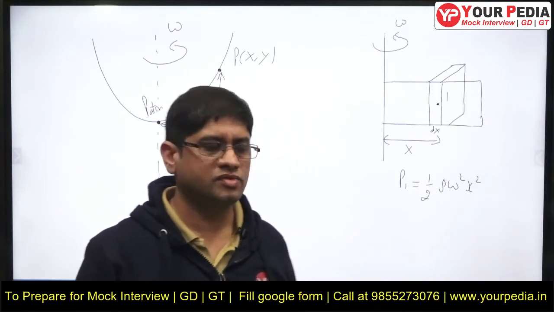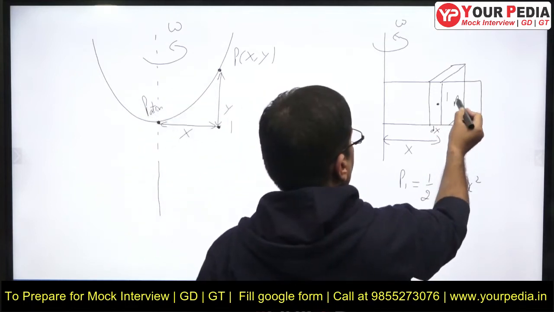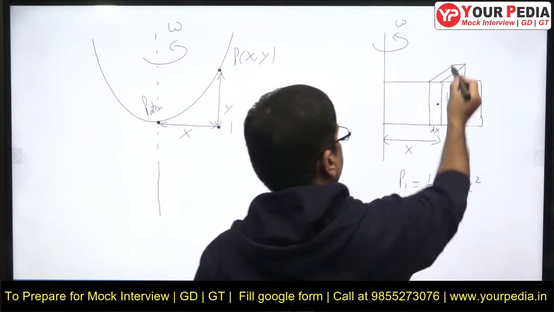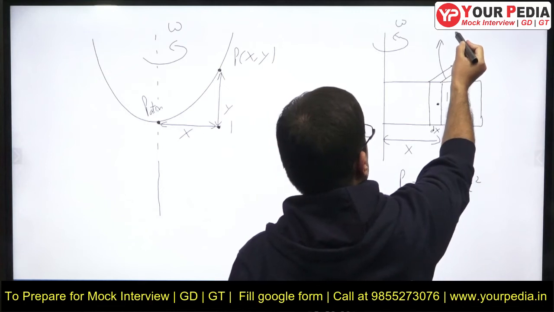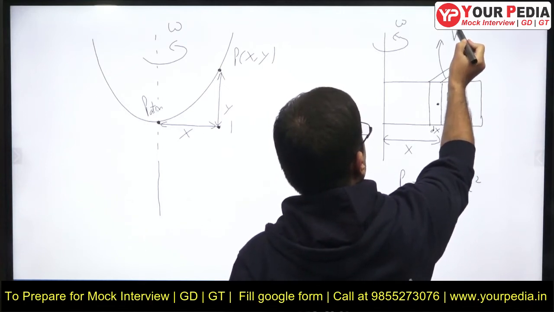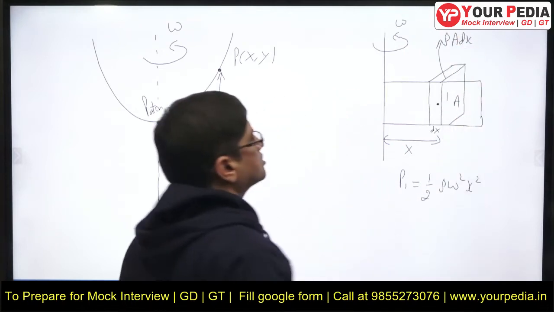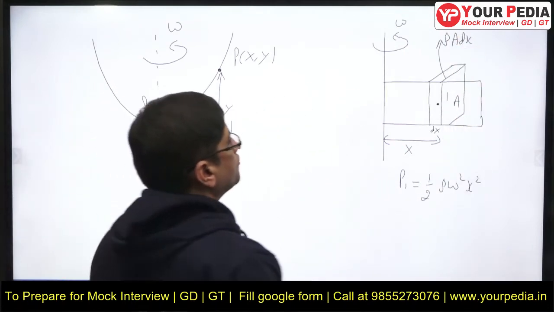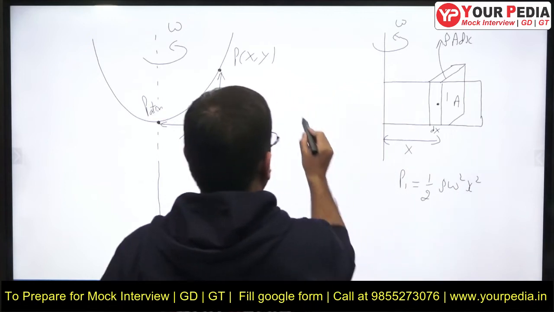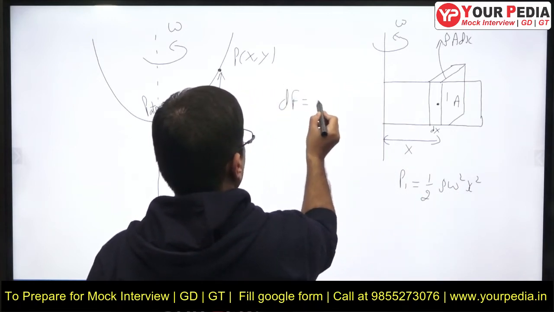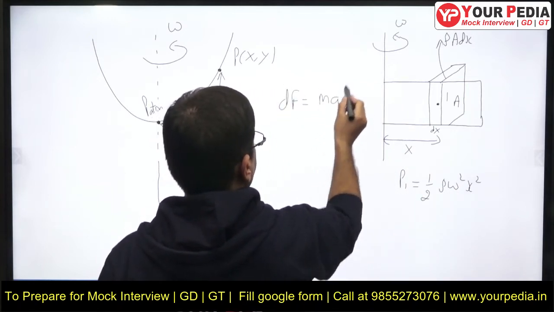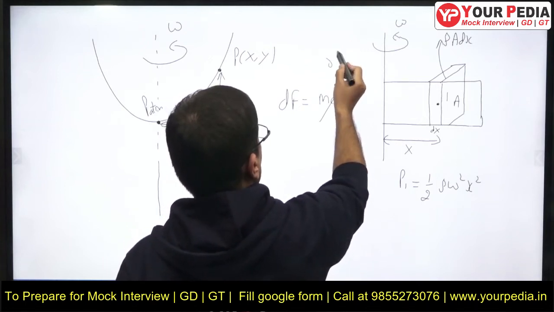This derivation comes to half of rho omega square x square. Let's see how. Let's say the area of cross section of this element is A. Can you tell me the element mass? Mass is volume, A dx, into density. What is the centripetal acceleration? Force acting on this fluid element is mass into centripetal acceleration, which is r omega square.